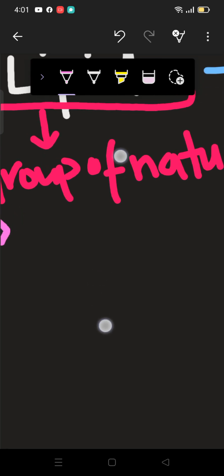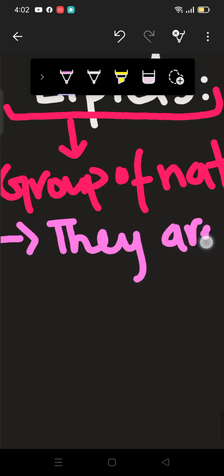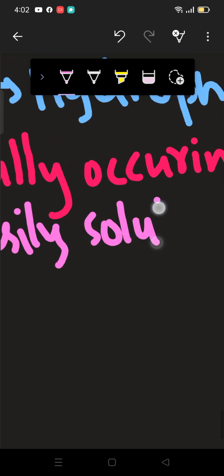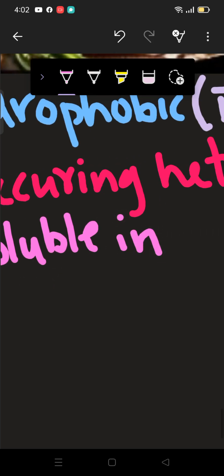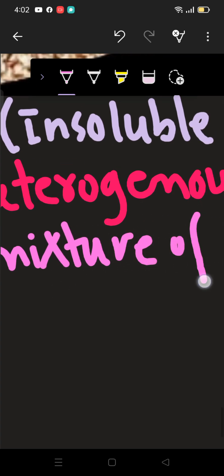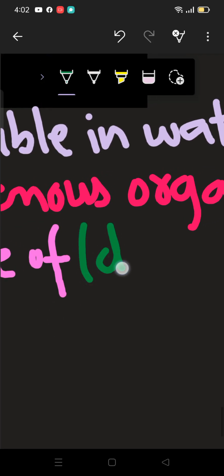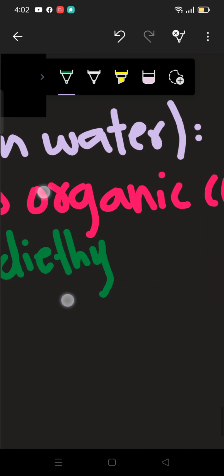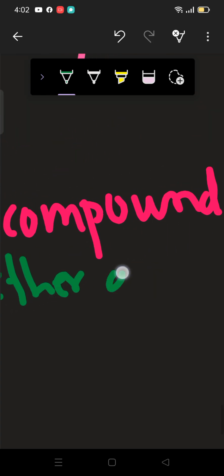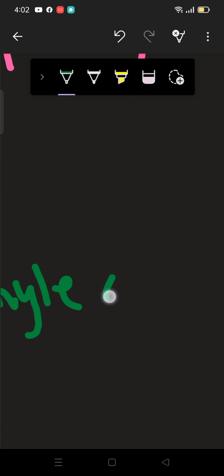So here I'm writing they are easily soluble in a mixture of diethyl ether and ethyl alcohol.